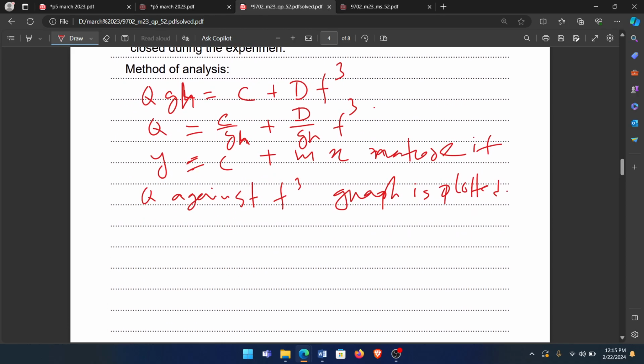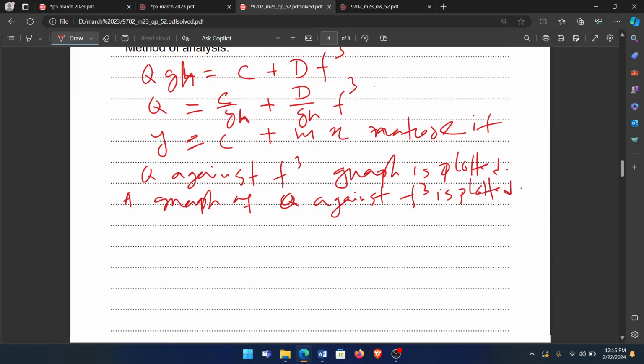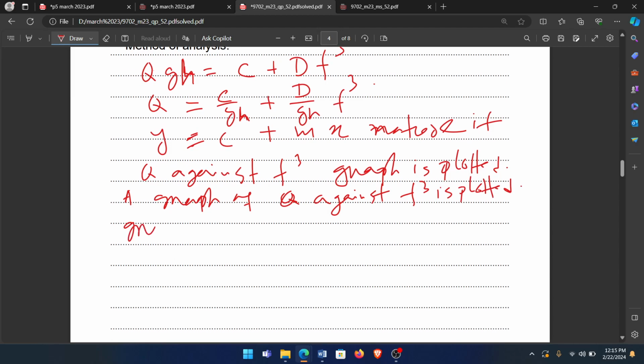So what should you write here? Give all these here, then write a graph of Q against F cube. This means that Q will go to the y-axis, F on the x-axis. You don't need to plot the graph. Just write the graph should be a straight line.